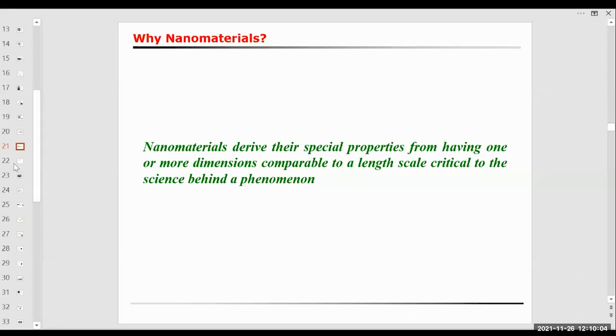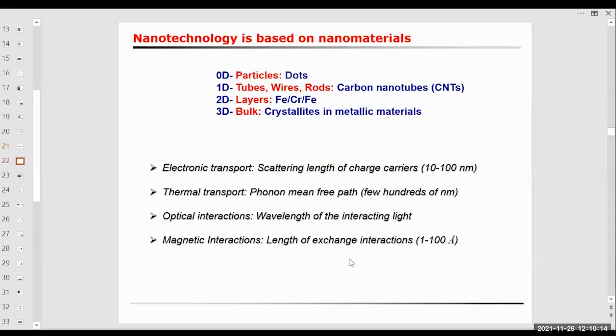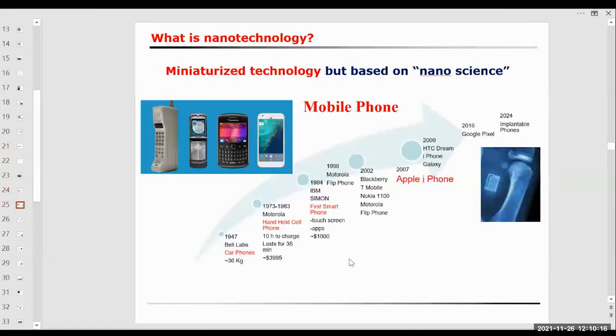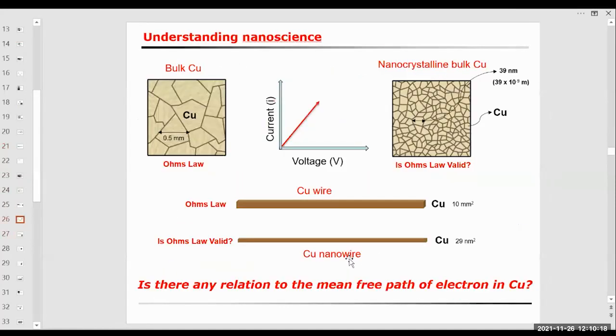Okay, let us try to understand this through an example of a copper material. Let me take you there directly. Understanding nanoscience: I have two pieces of material. One is a piece of bulk copper.